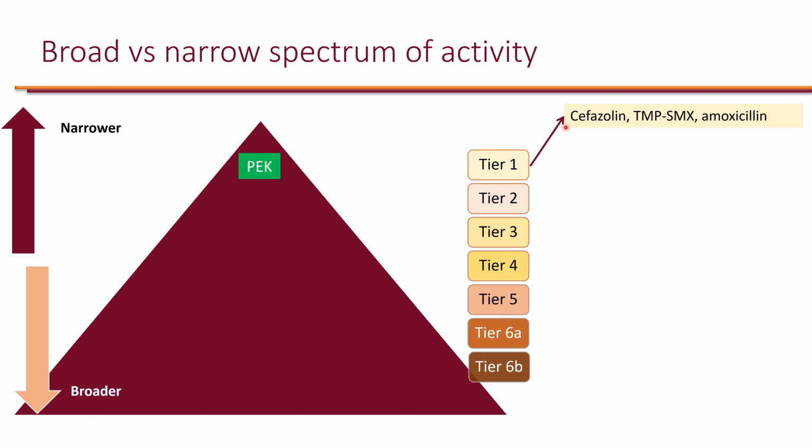That's because when it comes to gram-negative spectrum of activity, these agents have limited activity, limited to Proteus, E. coli, and Klebsiella species.